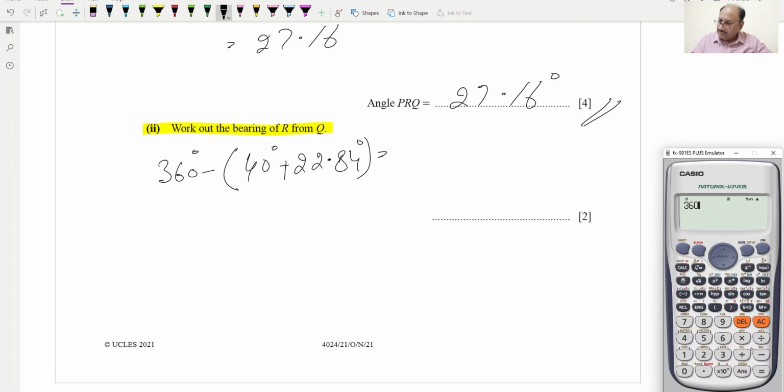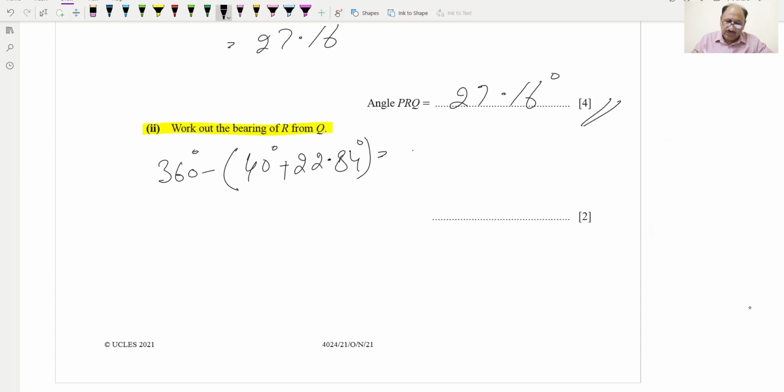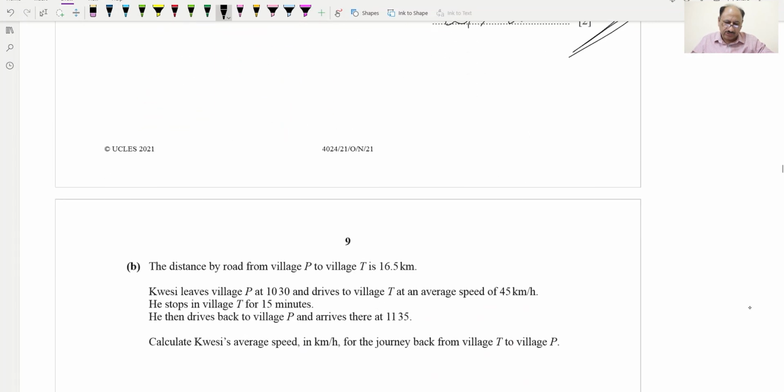So 360 minus this will be 40 plus 22.84, and this is resulting to 297.16 degrees, or we can write 297.2 degrees rounded to 1 dp, and this is a 2 marks question which we are done.